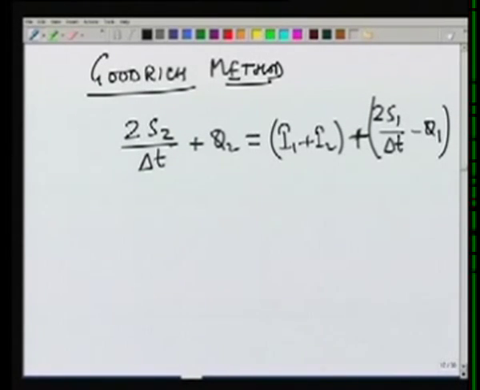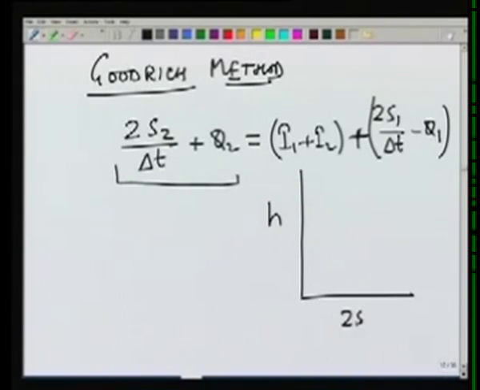It is almost same as the modified pulse method, but a little bit different in the coefficients and the way we modify the equation. So now we can see that if we plot this term with H, again we get a curve similar to this.